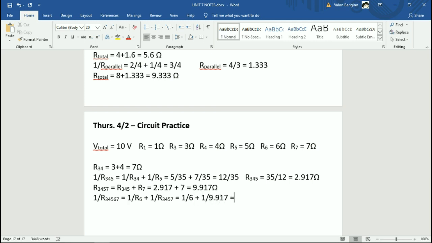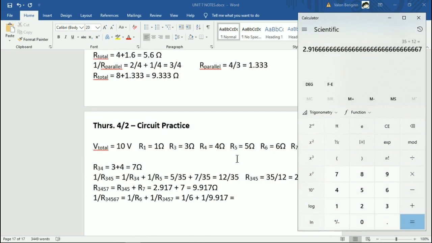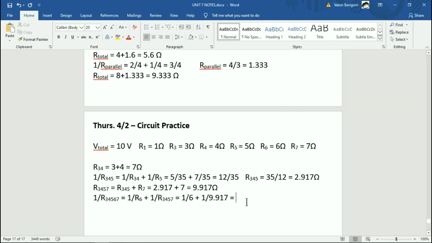Okay, so I'll just do the math for this one. I want to invert this and then do plus 1 divided by 6. Okay, so that's my 1 over, so I'll do 0.2675.